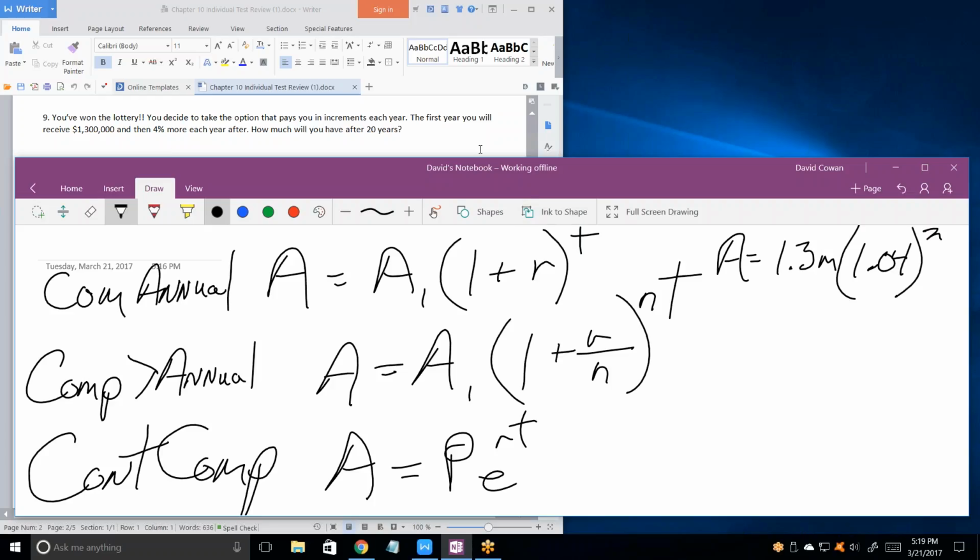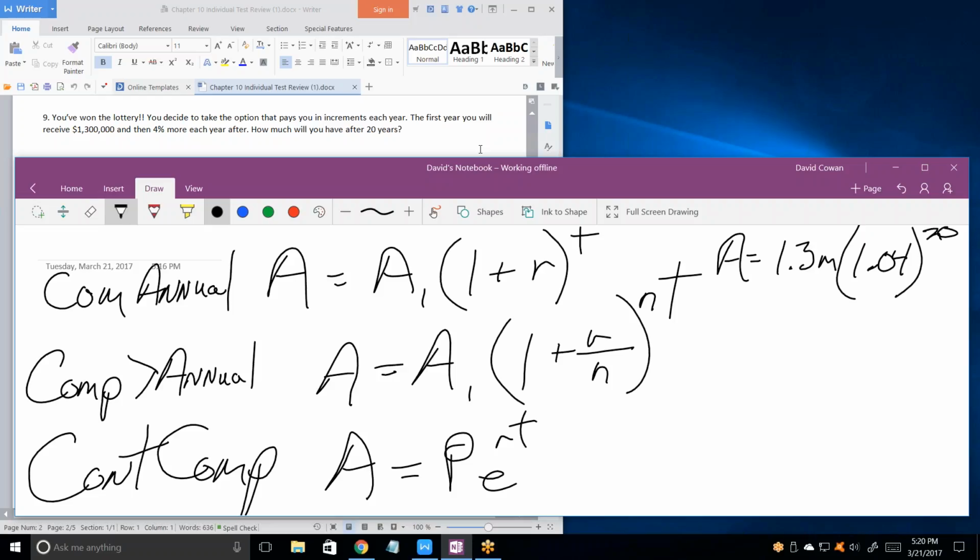Incidentally, the units that go with T is not always in years. T can be in months, T can be in days. T goes with whatever R is in. In this case, it's 4% each year. Therefore, T is in years.